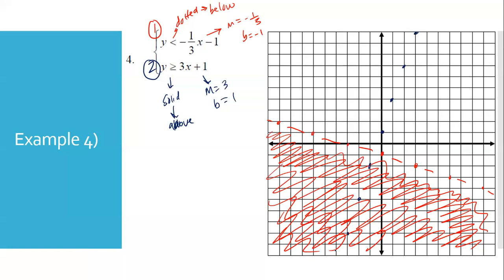And this time it is a solid line. So I gotta do my best at making the best straight line you've ever seen. And now I'm going to shade above.